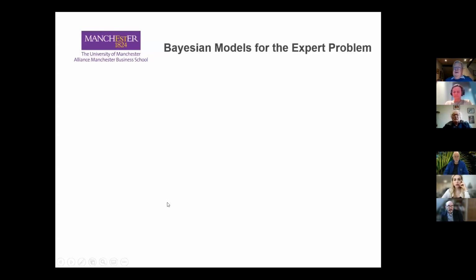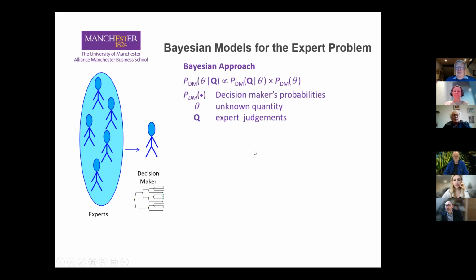My own topic, Bayesian analysis, has been used for the expert problem. The catch is that when you use it, you've got this lovely Bayes theorem. It's very simple. You can state at any time that the posterior probability for the decision maker on the thing you're interested in, given the expert judgments, depends only on the probability the decision maker has for the expert judgments given the thing you're interested in, and his prior probability for the thing you're interested in.